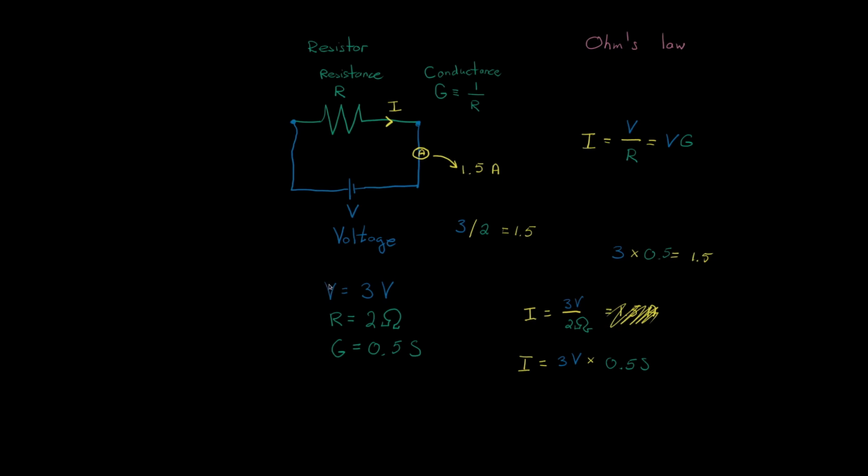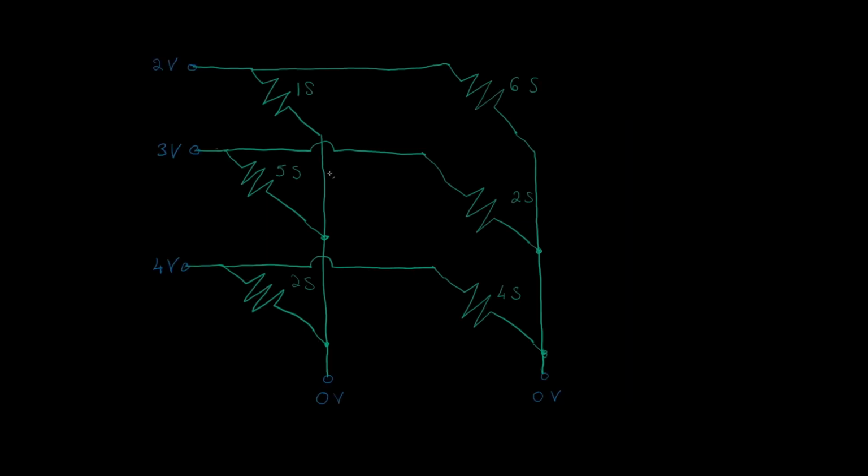That's very useful because now we can find the amount of current each of these produces. So this one is going to produce 2 times 1 amps, because we have 2 volts and 1 Siemens. Here we're going to have 2 times 6.